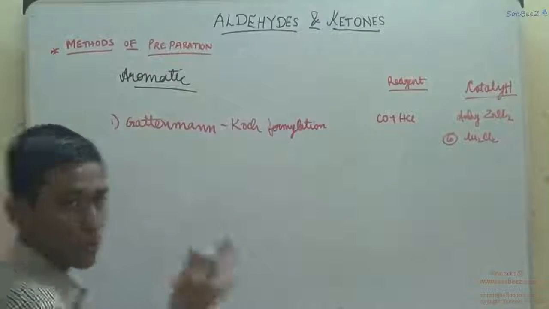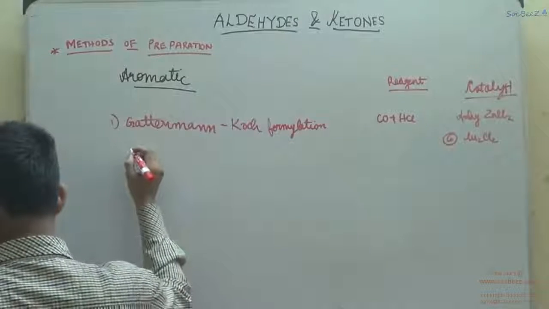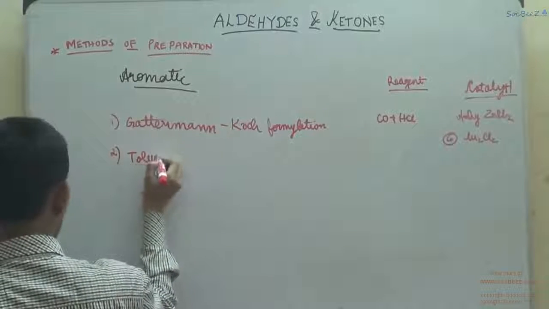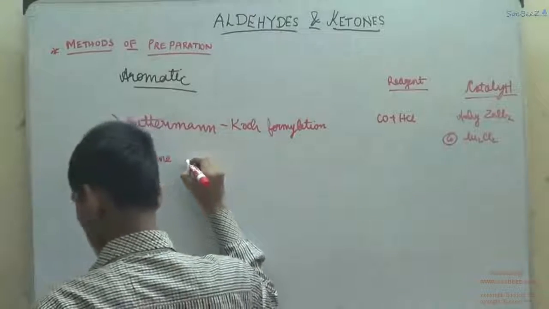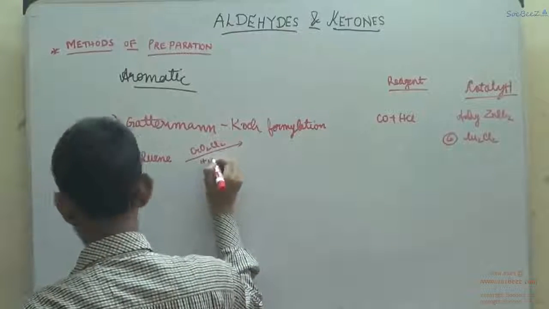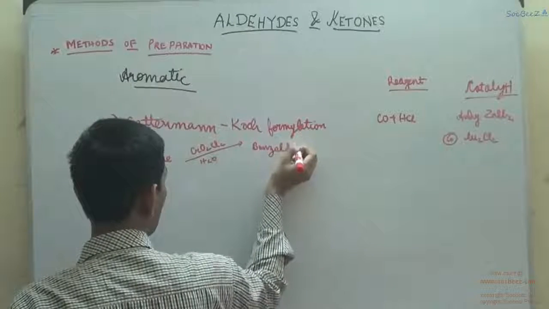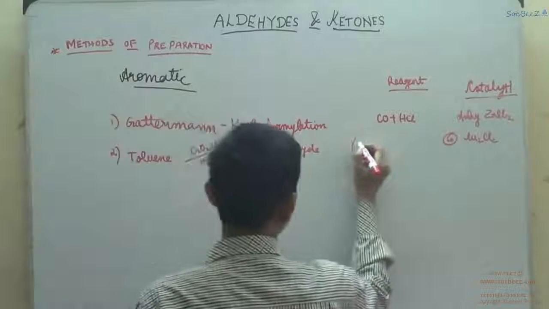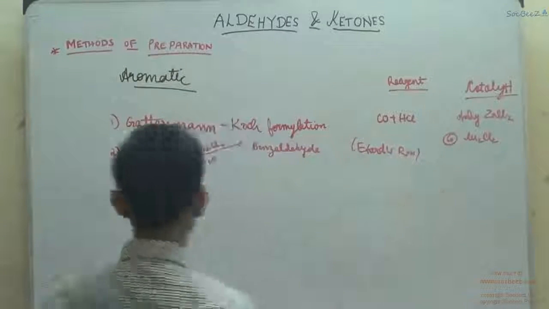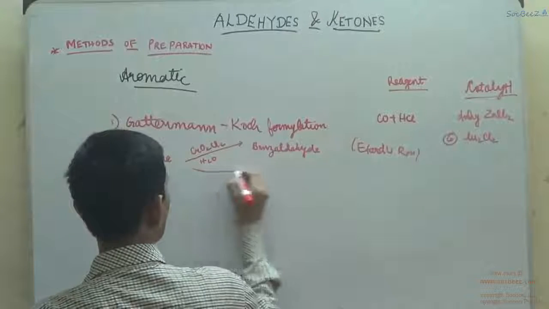Have done it quite a number of times in many chapters, so I am avoiding it. Then if you take toluene and treat it with CrO2Cl2 followed by water, you will get benzaldehyde. This particular reaction is called Etard's reaction.